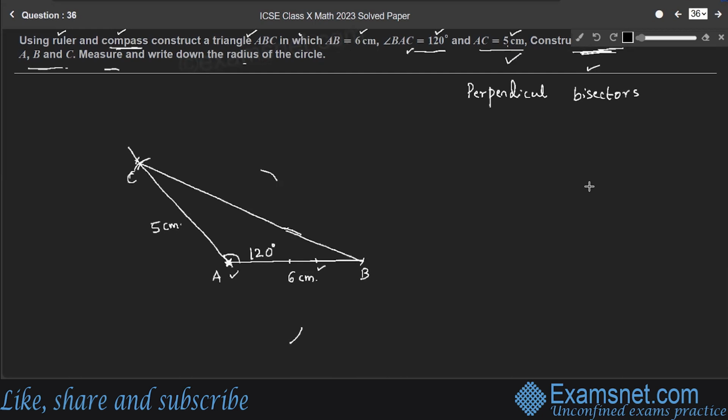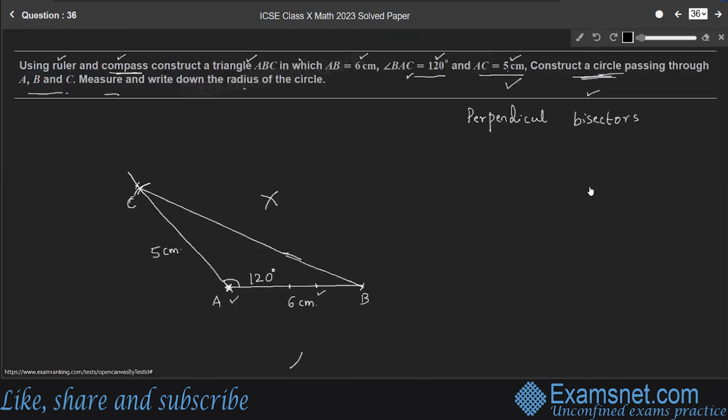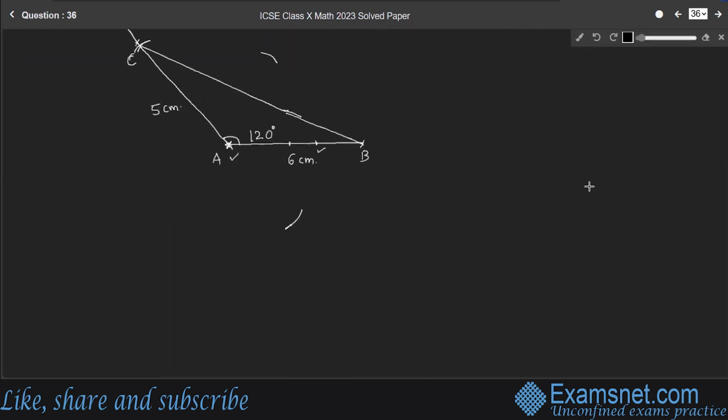Now consider B as center, right? So put your compass at B. Draw an arc which cuts the previous arc, right? Like this. And below AB also. So here, these 2 points we have got.